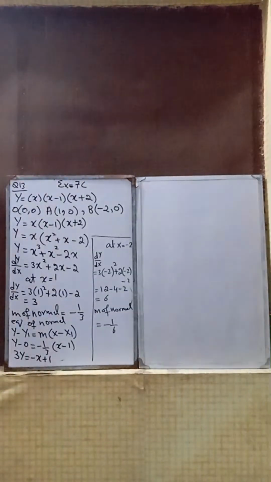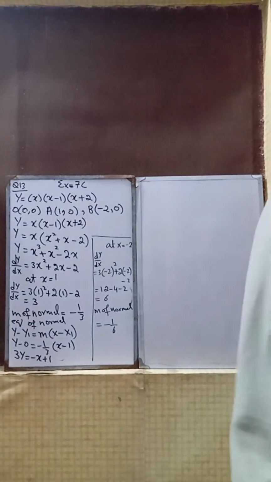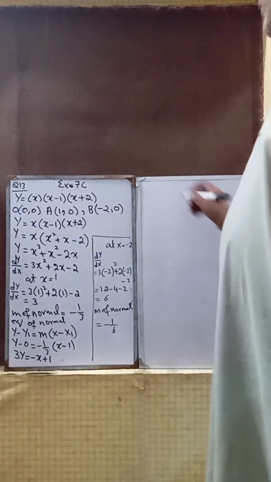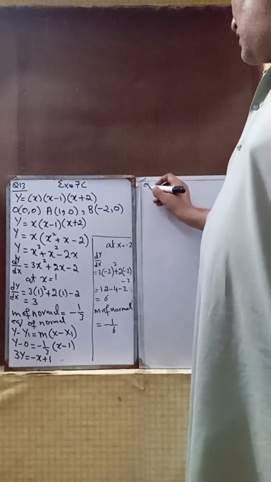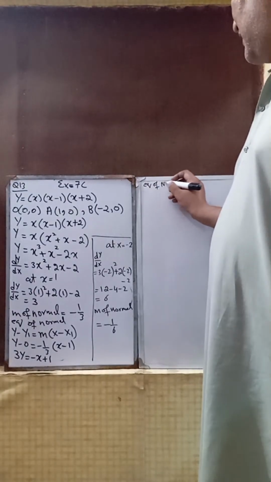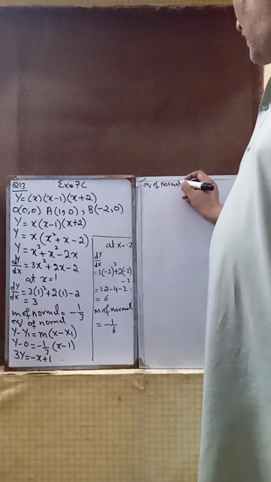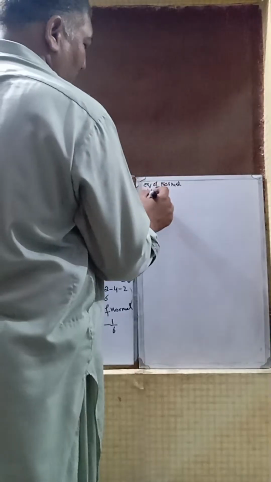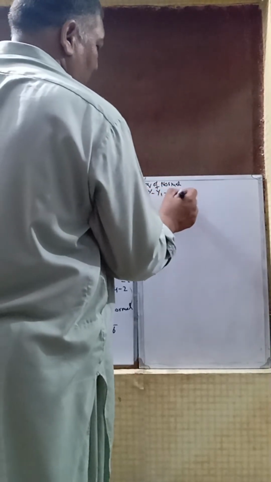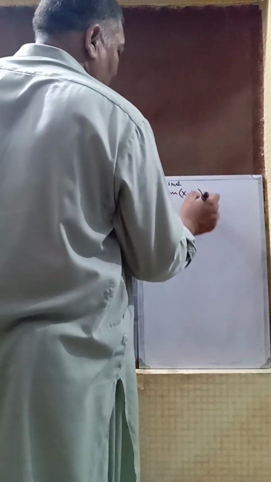So now I know the gradient of the normal at the point B, so we can find the equation of the normal at the point B. That will be y minus y1 equal to m bracket x minus x1.